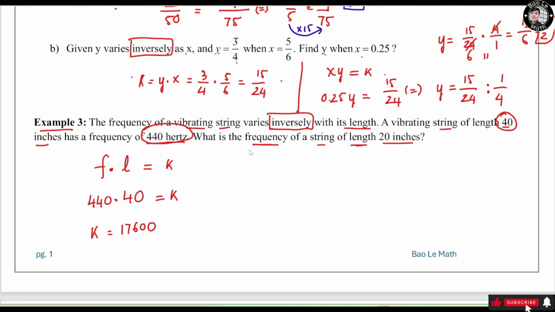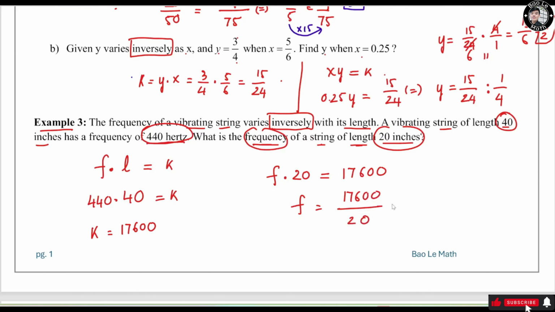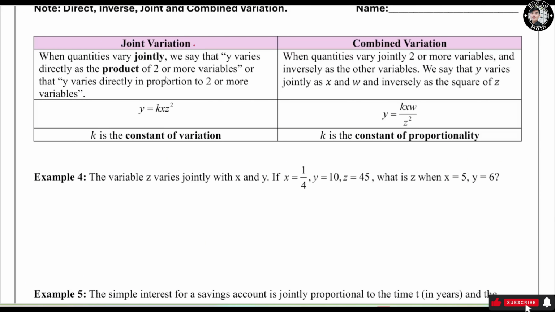Now we need to find the frequency when the length is 20 inches. So F times 20 equals 17,600, so F equals 17,600 divided by 20, which is 880.